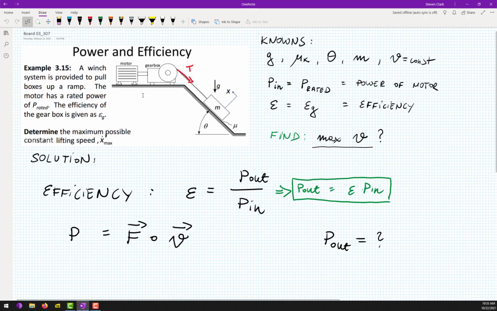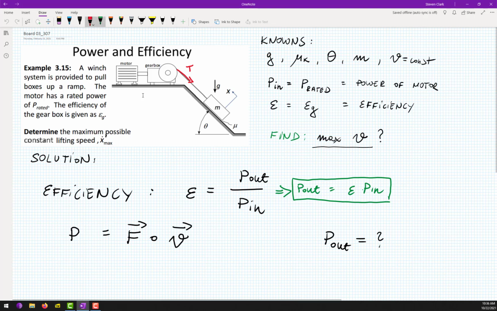As usual, please familiarize yourself with the problem statement before we start our solution. Alrighty.